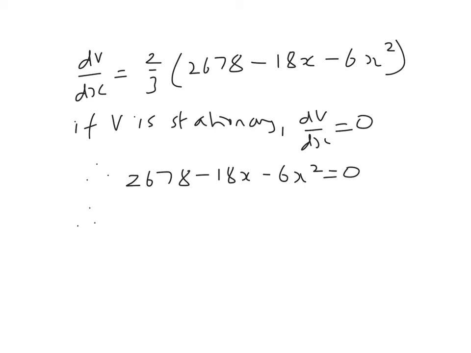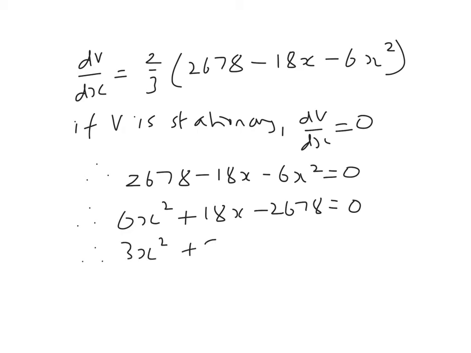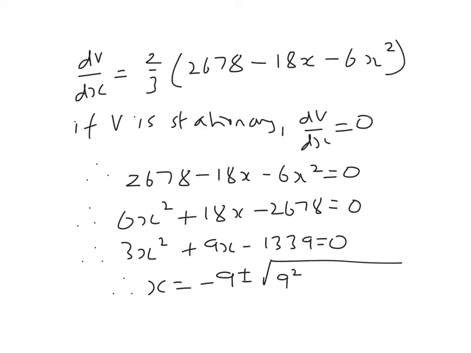Let's multiply everything through by minus 1, so 6x squared plus 18x minus 2678 is 0. Clearly 2 is a factor, so let's simplify things slightly. 3x squared plus 9x minus 1339 equals 0. Let's plug that into the formula, because I don't think it factorises. x equals minus b plus or minus the square root of b squared minus 4 times 3 times 1339.